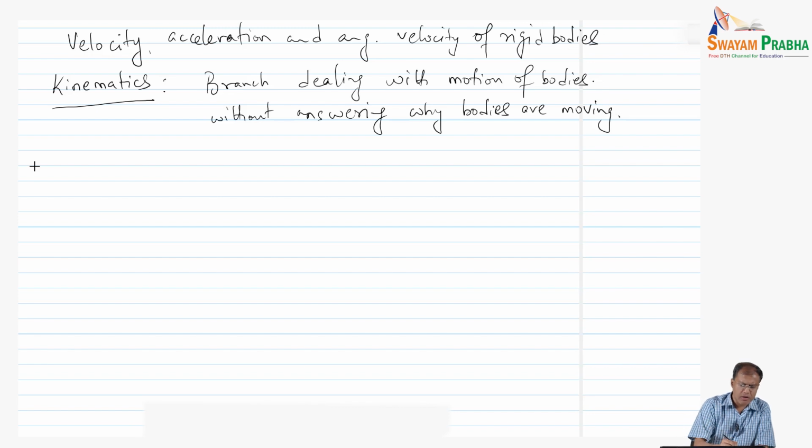So a rigid body could be defined as a system of particles which are connected with some, let's say, light rods. When I say light, typically I mean weightless, or the weight of the rod is negligibly small compared to the particles that are attached to it. That is what I mean by weightless.